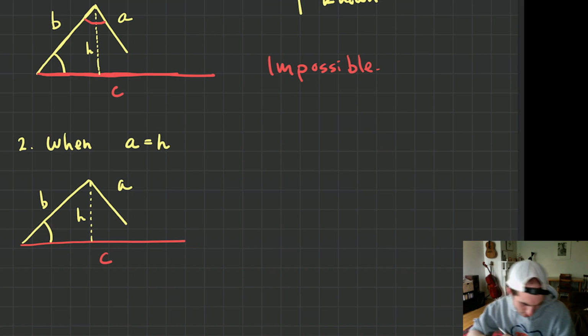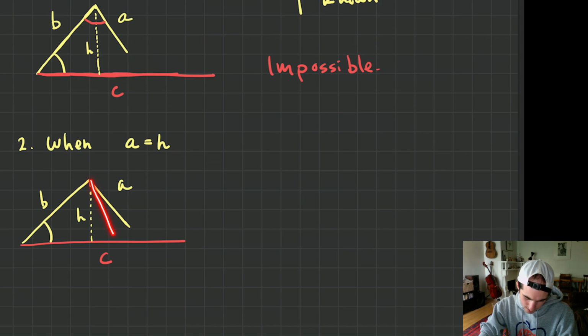That looks like about the same length, maybe just a wee bit longer. It doesn't look like it's intersecting there. So that's not going to intersect the triangle here. So that's not possible. You might notice that the only way for this to actually be a triangle is if A goes straight down.